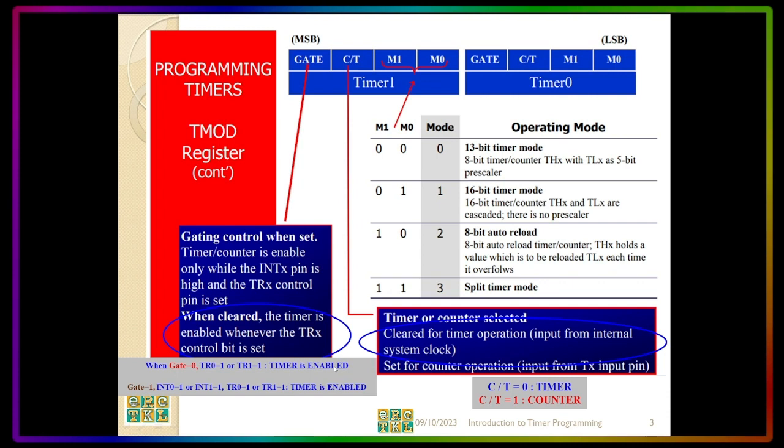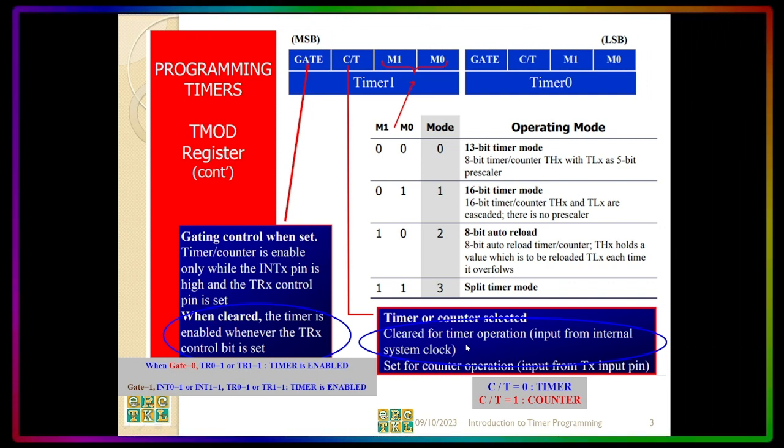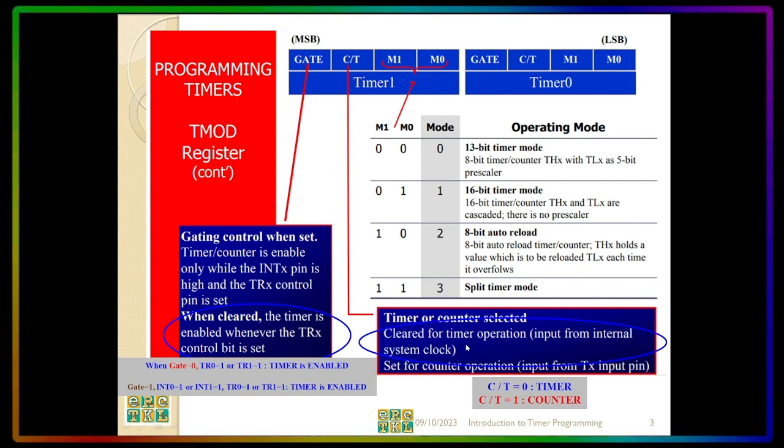Now, in the case of C or T, if this is equal to 0, it means that we want to use the timer as a timer. Remember that the timer can also be used as a counter. But during this discussion, we will be focusing on using the timer as a timer, or as a delay generator.